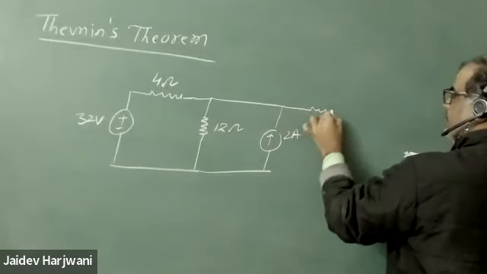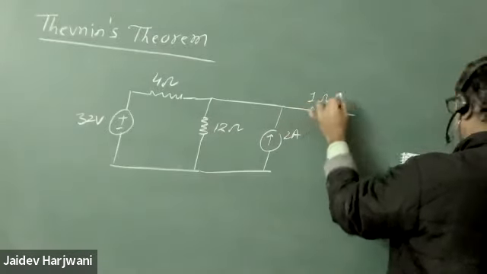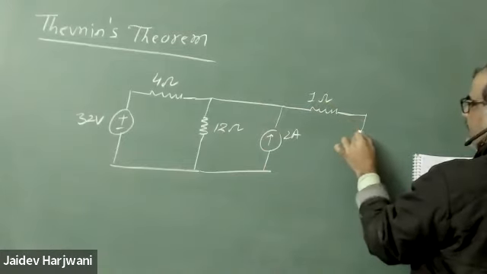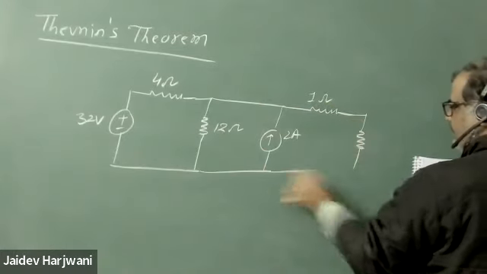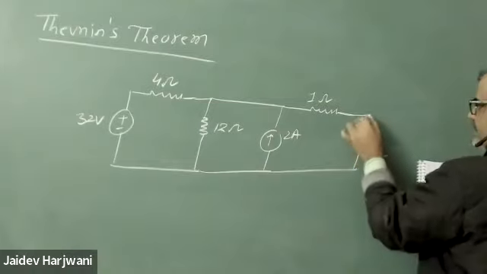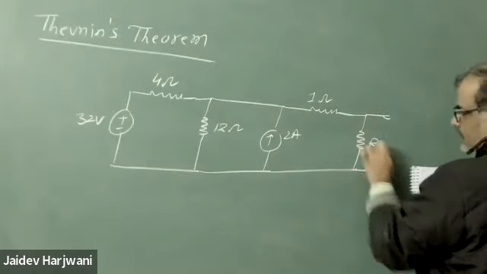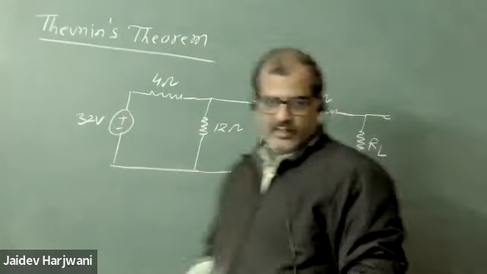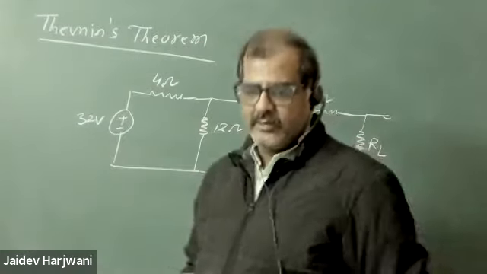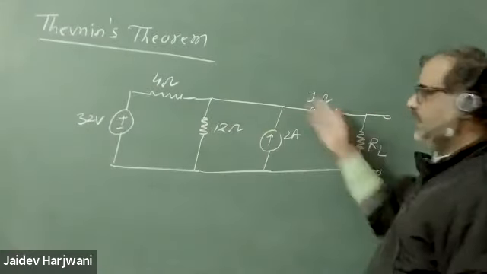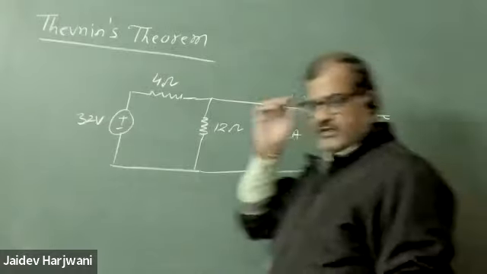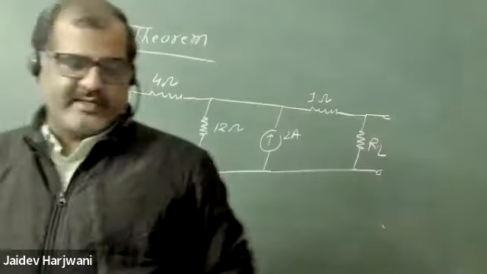I have here a 1 ohm resistance, and here I have a load resistance RL. Now this load resistance can be anywhere. Just for simplification, I am putting this load resistance at the end, but it can be anywhere. They can ask you anywhere what is the Thevenin equivalent.